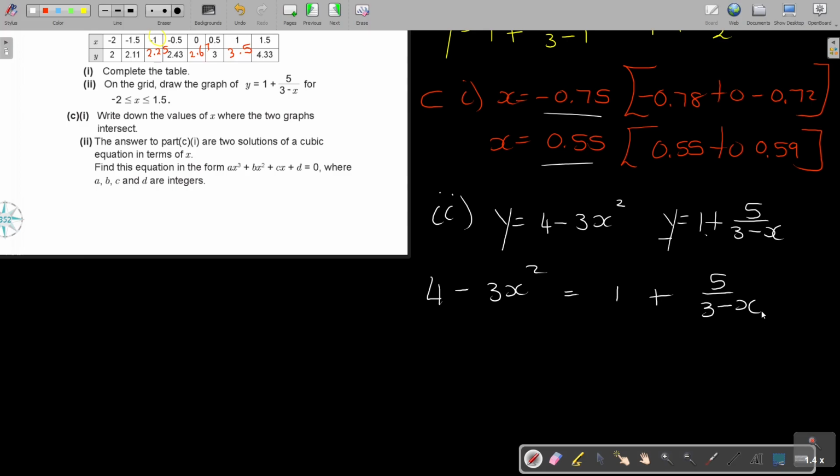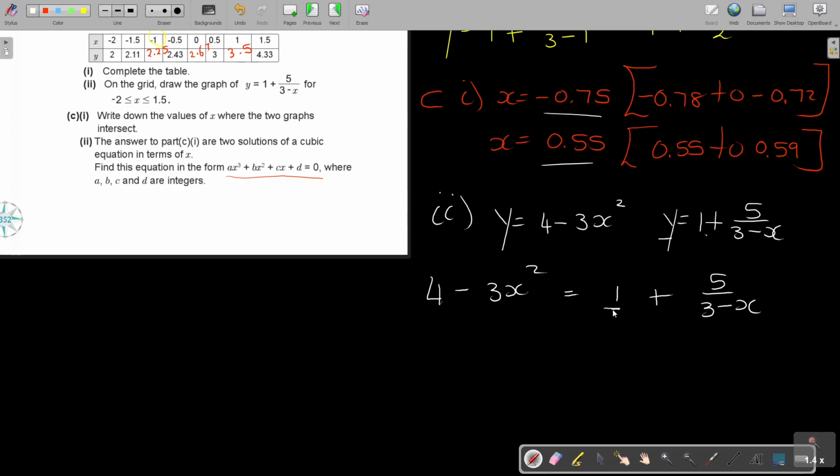Now, this is the equation. All they want me to do is get rid of the fractions and take everything to one side. I think we can do a cross multiplication, which maybe will be easier.